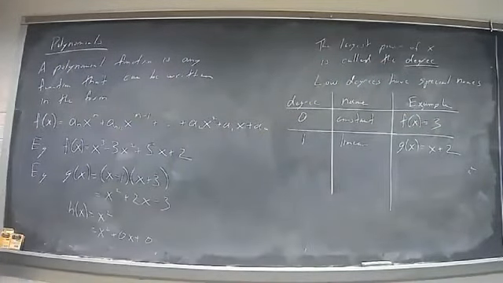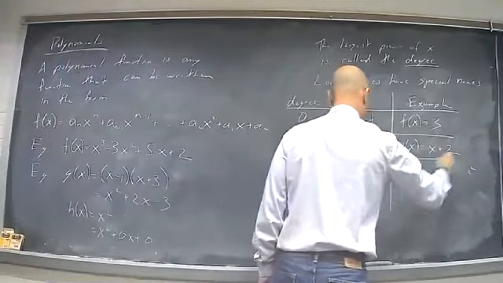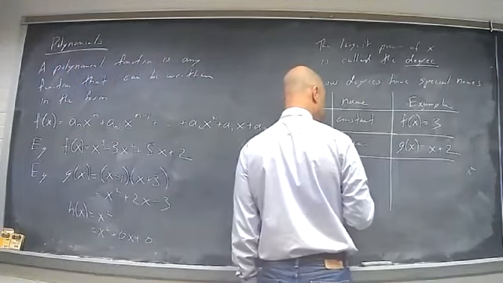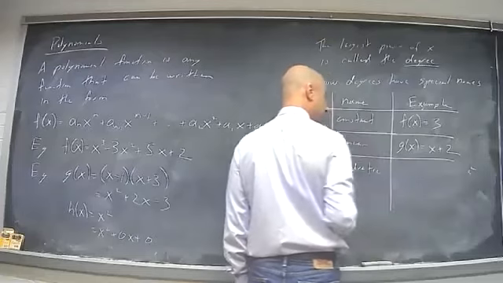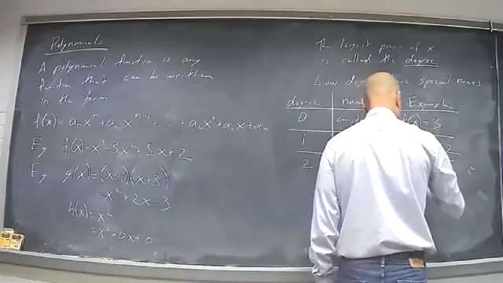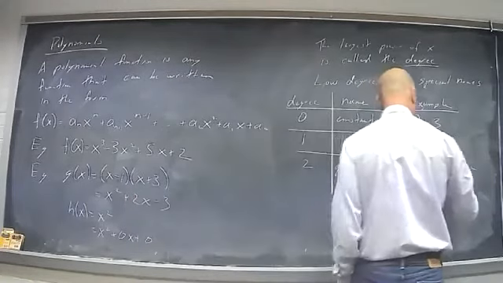This is straight lines. The degree 2 polynomials are called quadratic. For instance, x squared plus 2x minus 3.